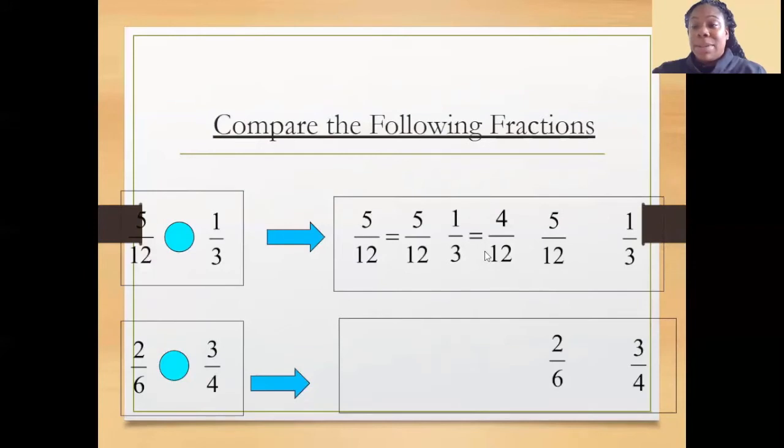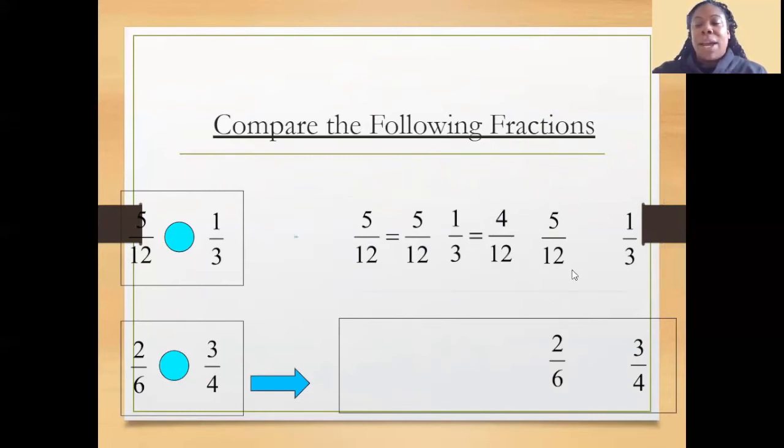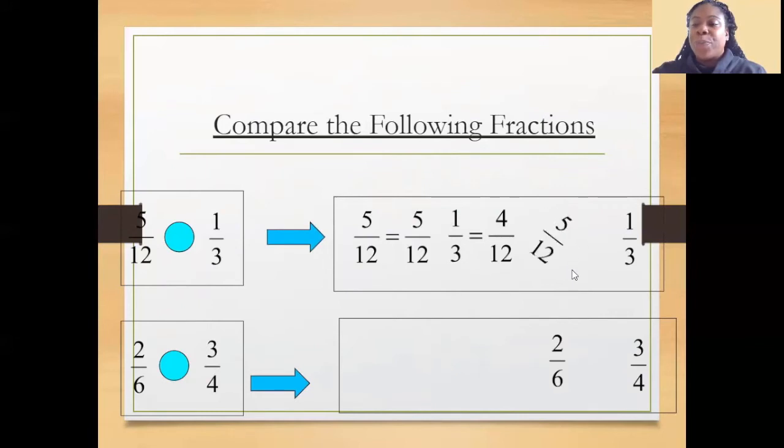It took me 4 times to get there. 3 times 4 is 12. And I did the same thing with my numerator. 1 times 4 is 4. And that's how I got 4 twelfths. So I'm comparing 5 twelfths to 4 twelfths, and I noticed that 5 twelfths is bigger. So my answer is going to show 5 twelfths is greater than 1/3.